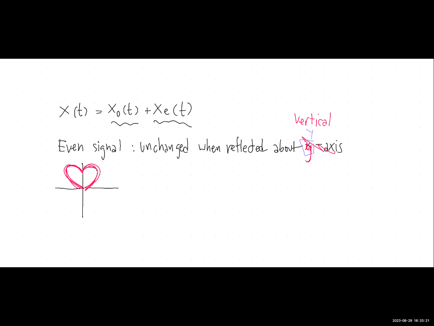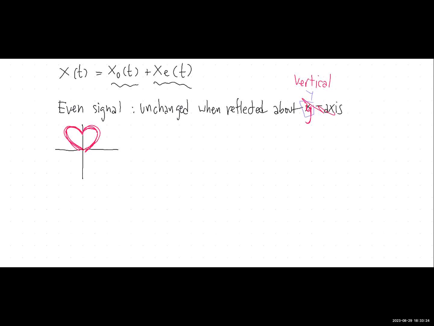Sure. And also, we know the definition of an even signal. Let's see the definition of an odd signal or odd function. So an odd signal is gonna be unchanged.